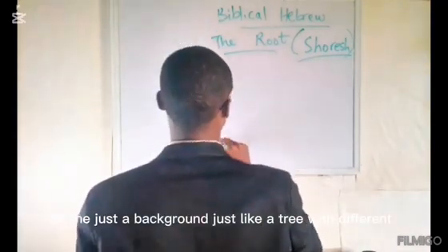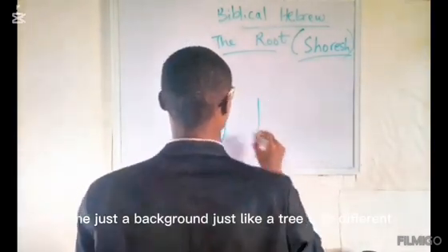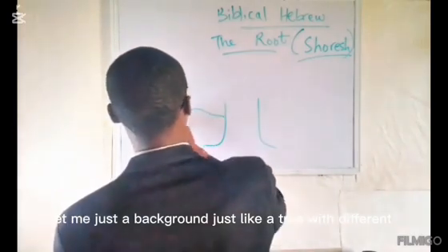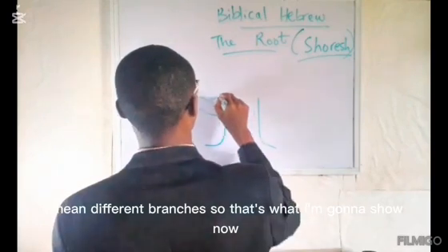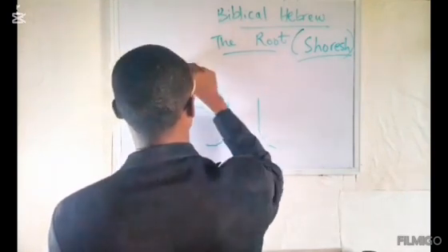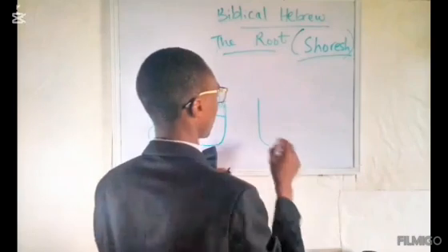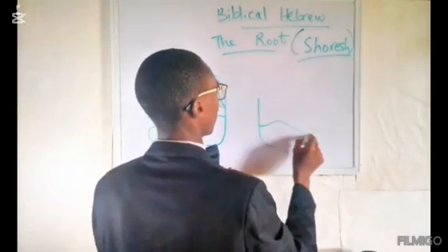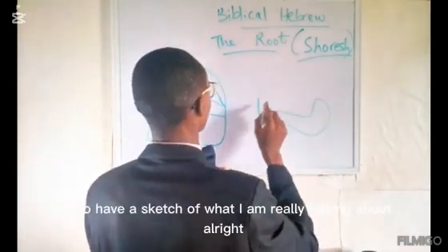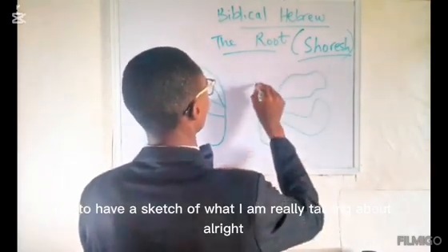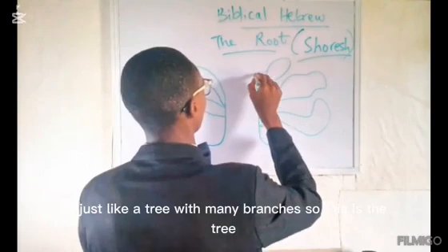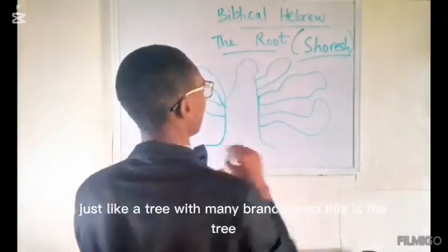It's like a tree with different branches. So that's what I'm going to show now. I know how to draw, it's just to have a sketch of what I am really talking about. Alright, so it's just like a tree with many branches.